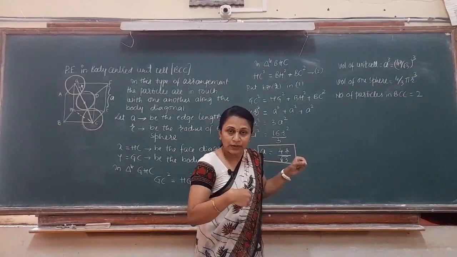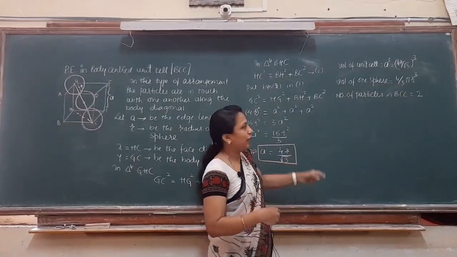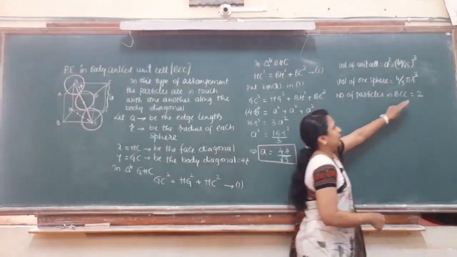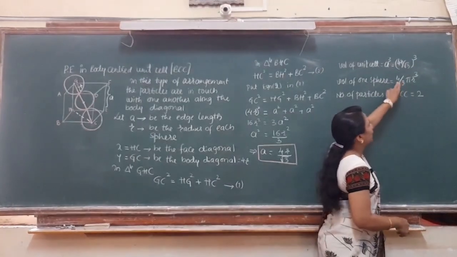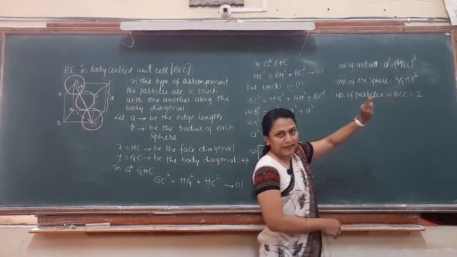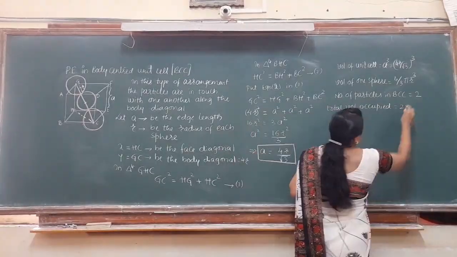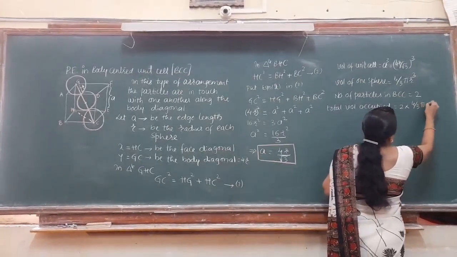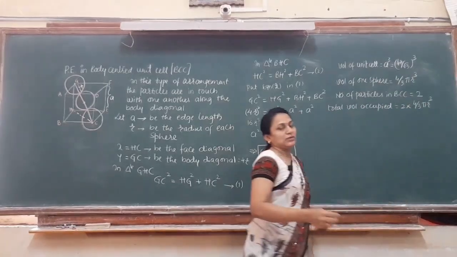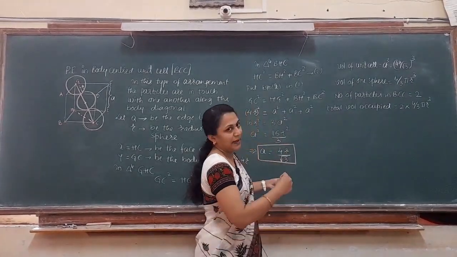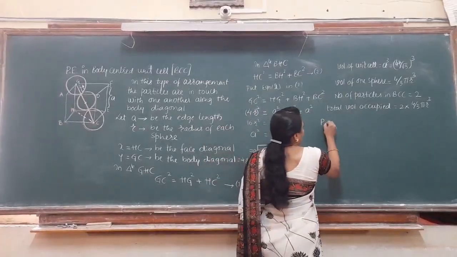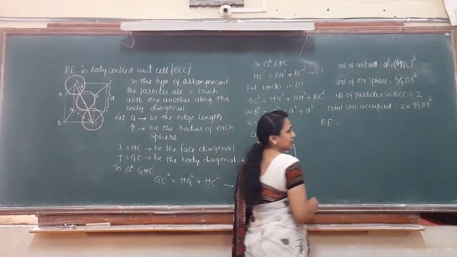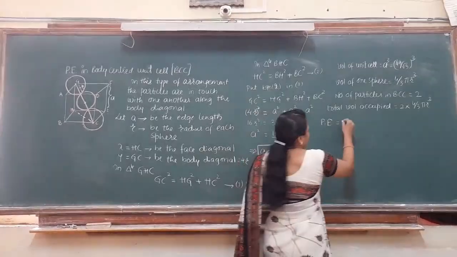So, what is the total volume? Total volume occupied by the particles is the number of particles times the volume of each particle, so 2 into 4 by 3 pi r cube. Now substitute these values in the packing efficiency formula.